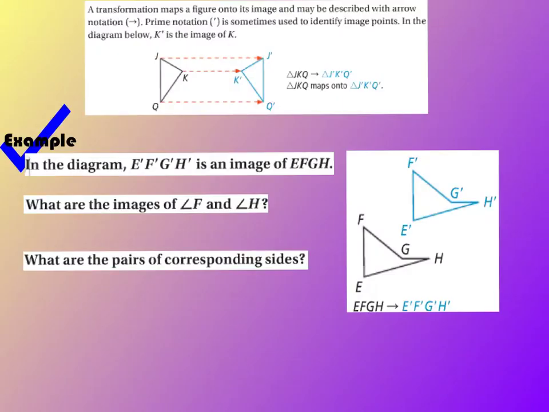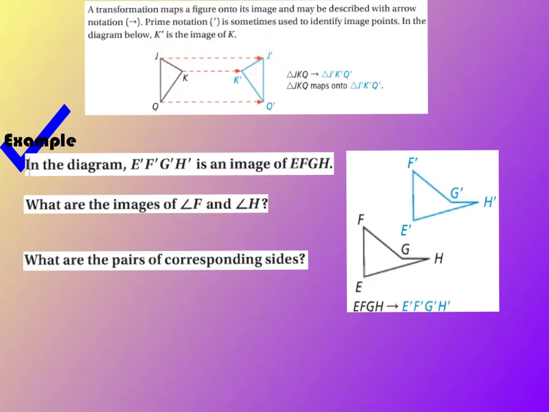Okay, so here we need to talk about how we notate a transformation. Now you see that on this page you have a lot of these little apostrophes. Those are called primes. You see that here. Prime notation is this little apostrophe, and it's used to show that that's where the point is going to. So if you look at this picture here, J went to J prime.